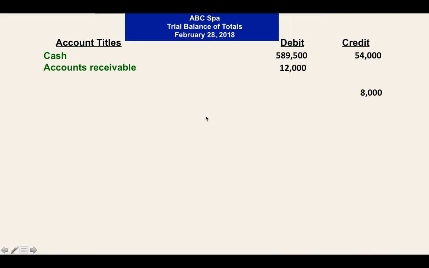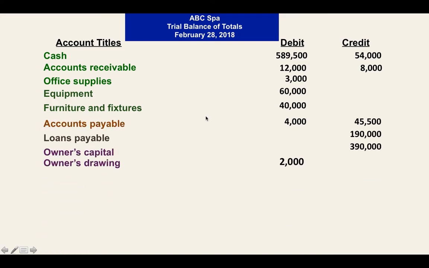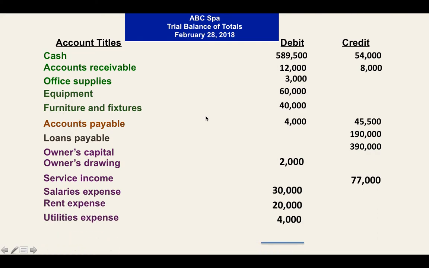So we are capturing all the totals of debit and credit of all the accounts. This is how it will look based on our T accounts. Are we balanced? So this is a trial balance of totals.